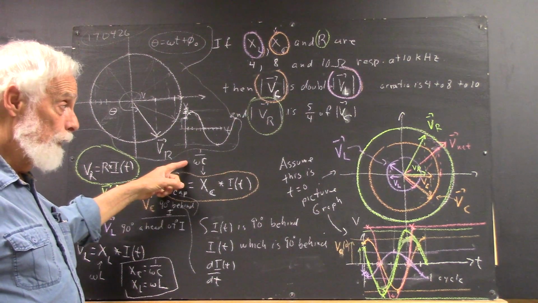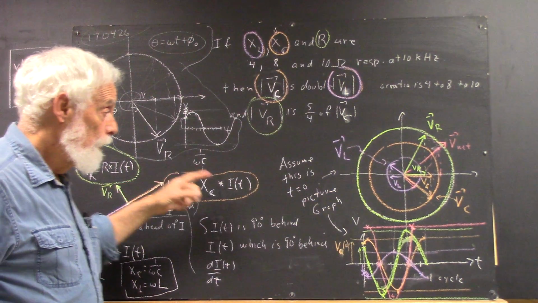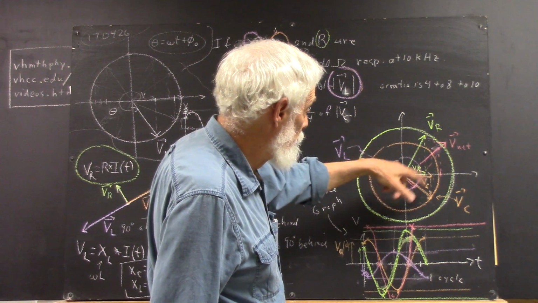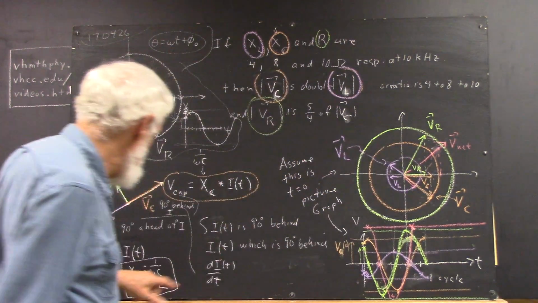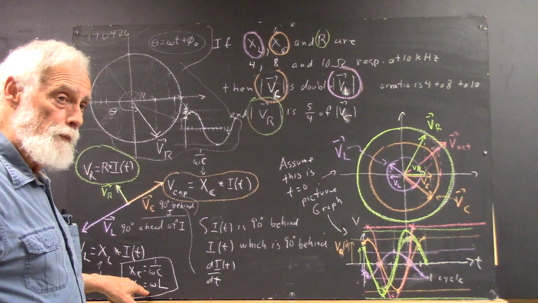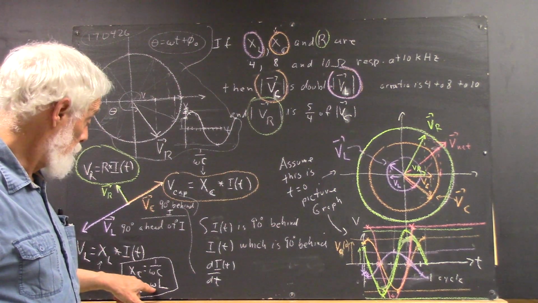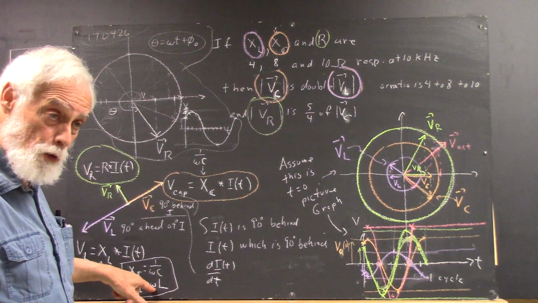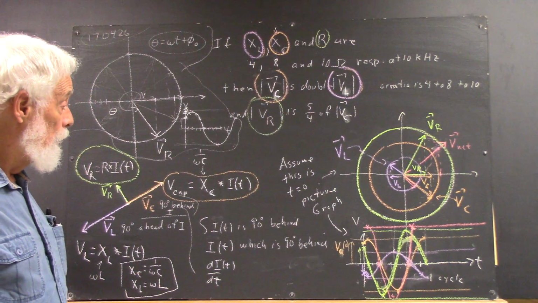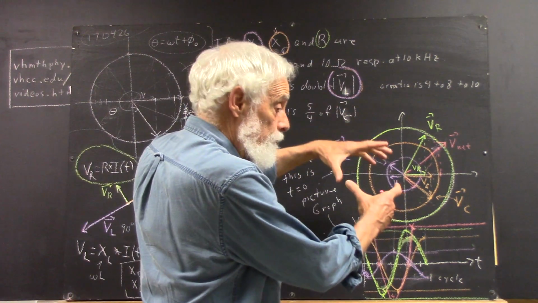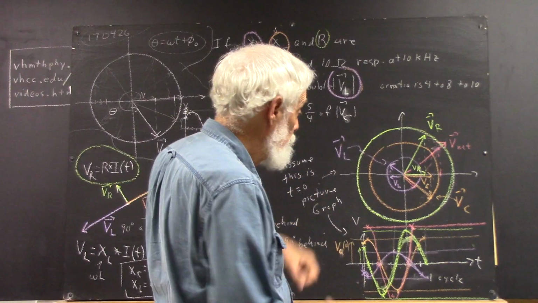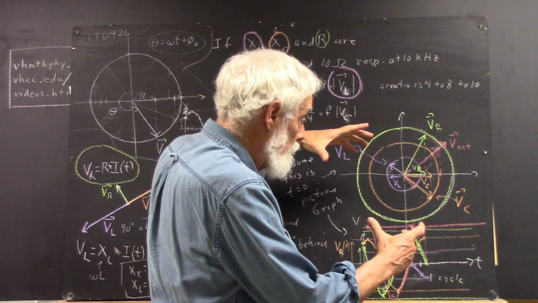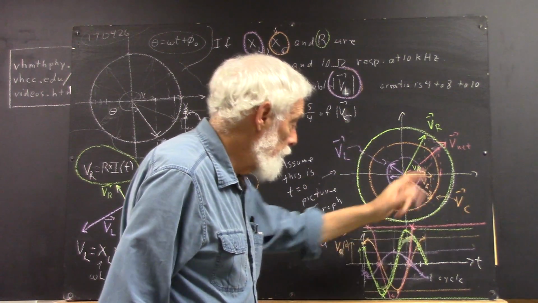Well, our capacitor reactance is going to get smaller. So our capacitor circle is going to get smaller, but our inductive reactance is going to get bigger because you got a bigger omega. Omega L is going to be bigger. So the inductive reactance circle is going to grow. It might actually get bigger than the circle for the capacitive reactance.